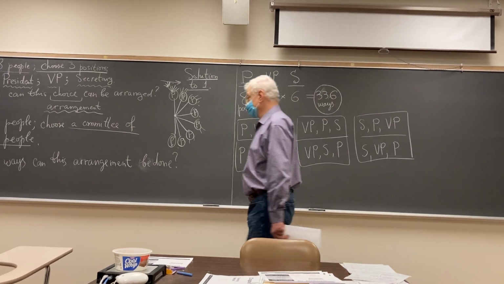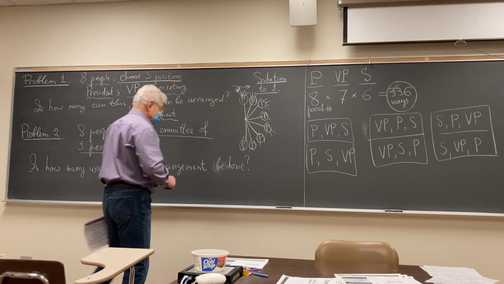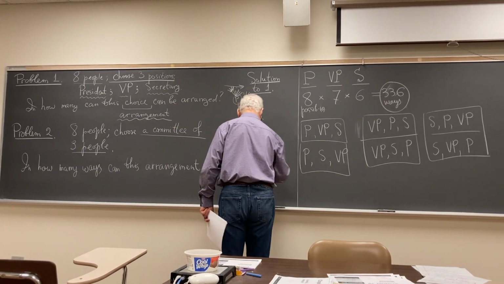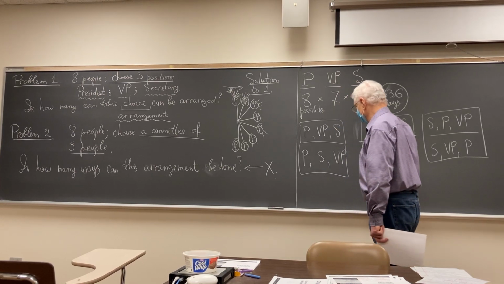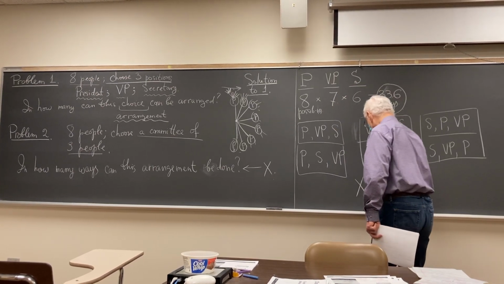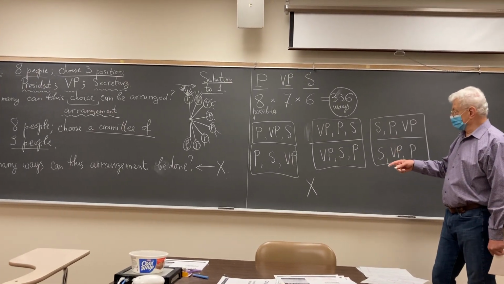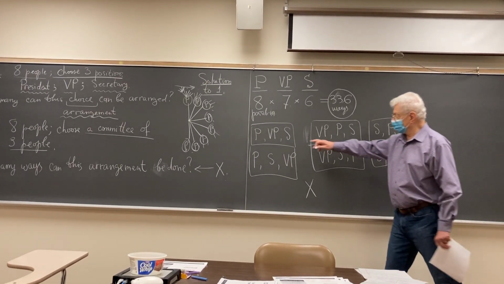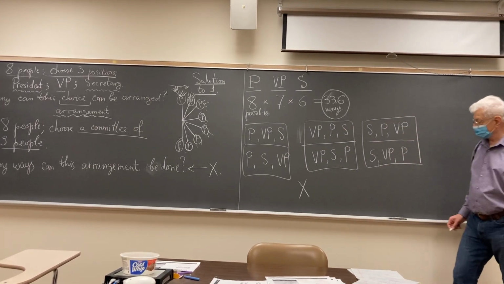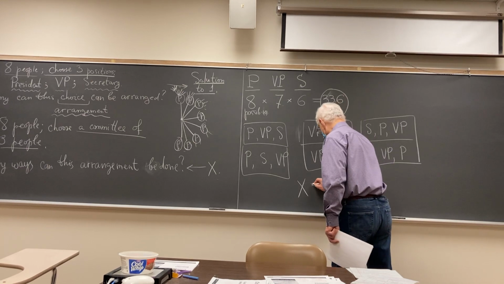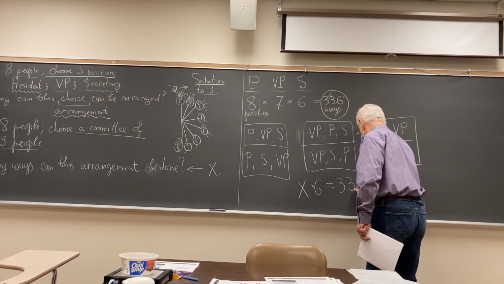So if we denote the number of ways this arrangement can be done, suppose there are x possibilities, then each one should be extended in 6 different ways. So if you multiply it by 6, only in this case you get 336.